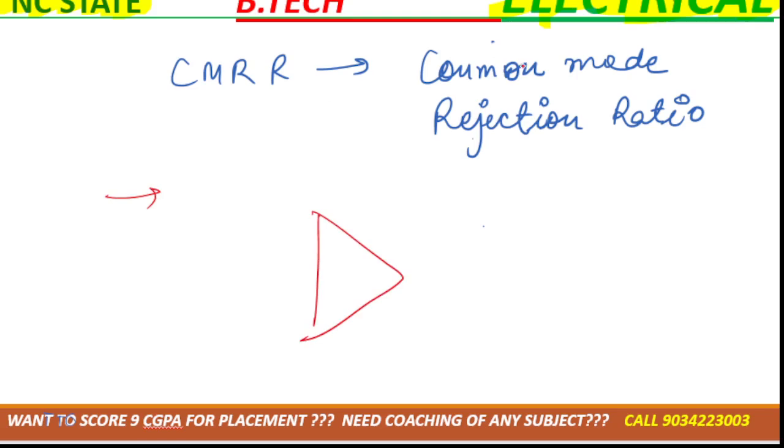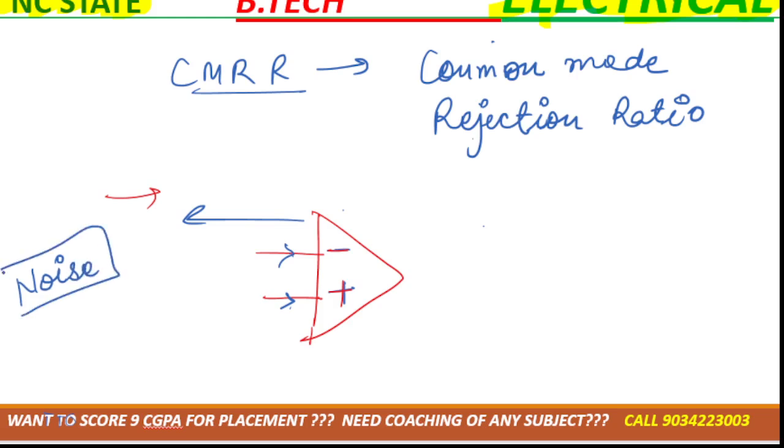Basically, it is a measure of the ability of op-amp to reject the signal that is at both the input terminals. Okay, so जो are common to both the terminals, those signals are common. So common mode rejection rejects those that are common to both the input terminals, and generally those signals are noise. Noise will be the common signal to enter in the negative and positive terminal.